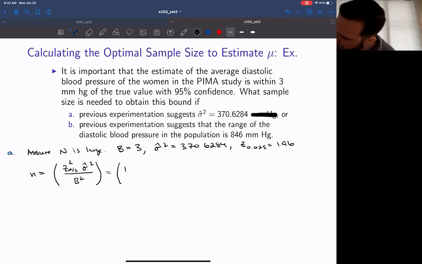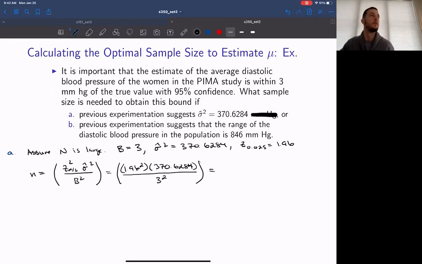So this is going to be 1.96 squared multiplied by 370.6284 divided by 3 squared. And that should be 136.5918. So in this case, we require n to be equal to 137.